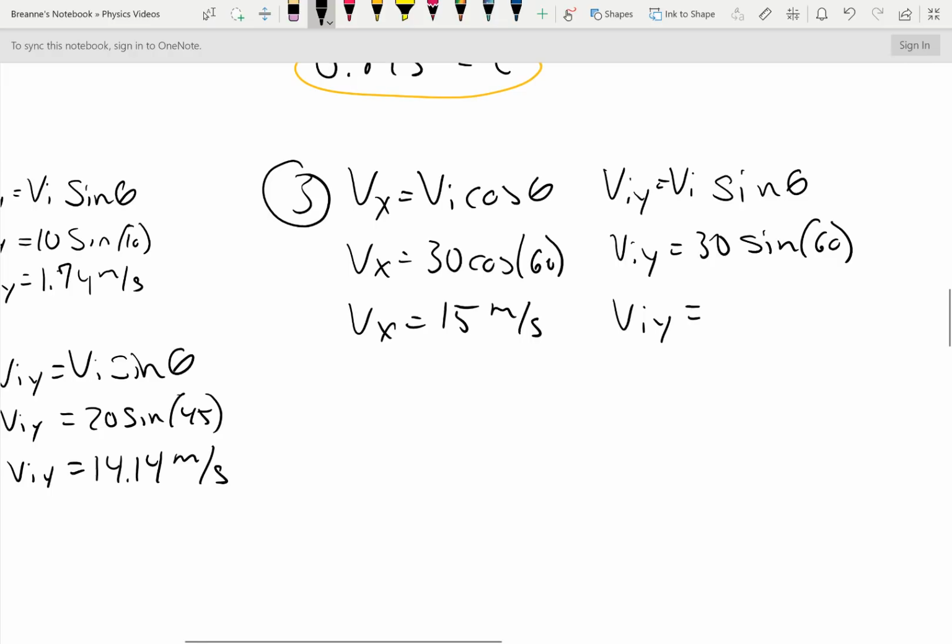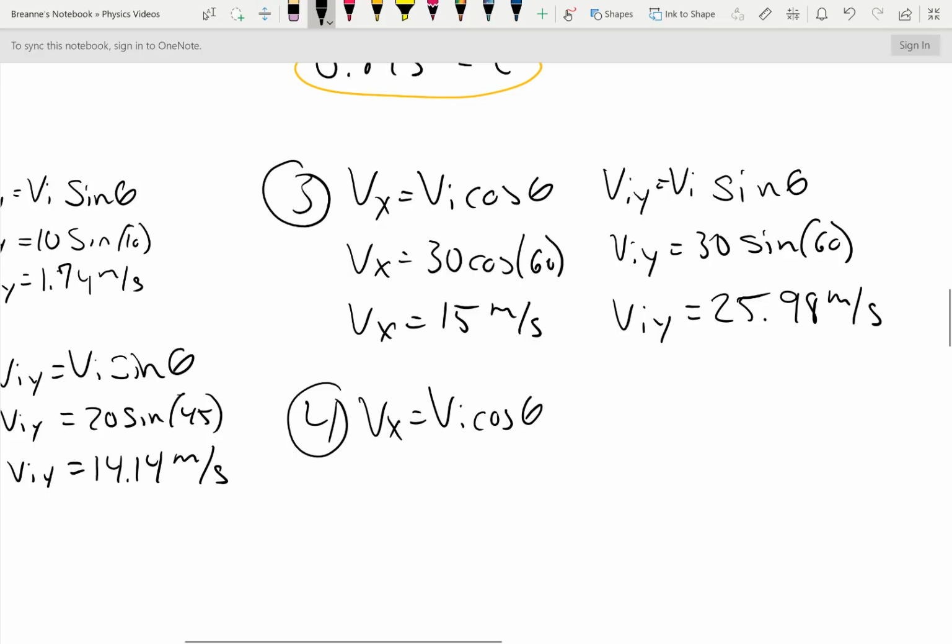And you do the 30 and 60, and that gets you 25.98. And for number 4, the exact same thing.